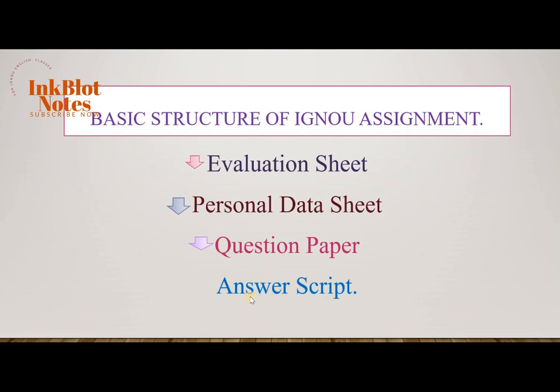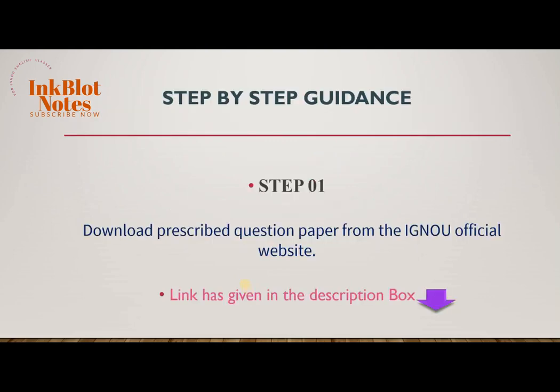First, we have to attach the evaluation sheet, then the personal data sheet, then the question paper, and last the answer script. This is the order that we have to follow while preparing an IGNOU assignment.